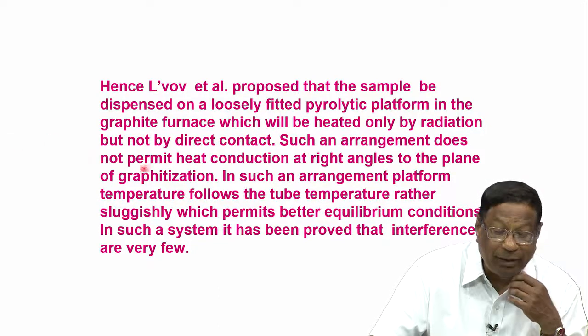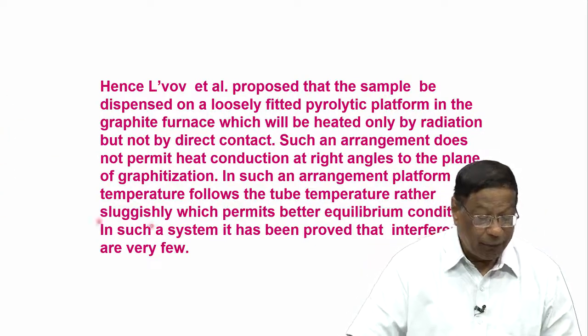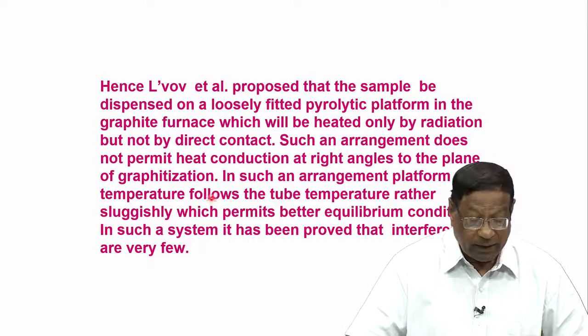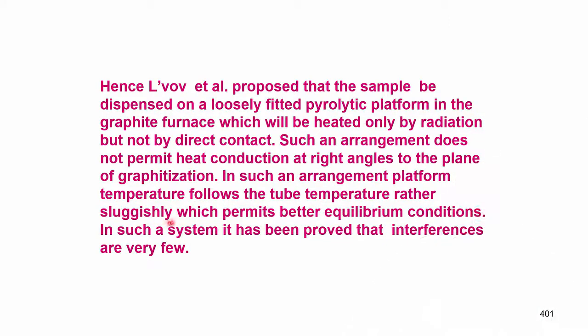So, such an arrangement does not permit heat conduction at right angles to the plane of graphitization. Such a platform follows the tube temperature rather sluggishly, which permits better equilibrium conditions, because the tube gets heated fast, but the platform gets heated slowly.